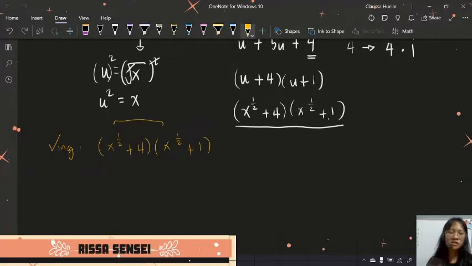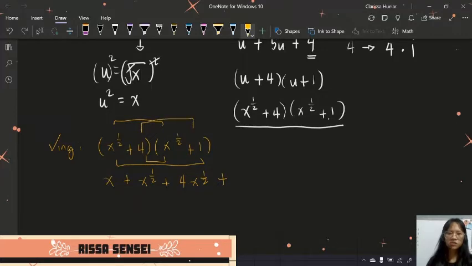Multiply x raised to 1 half times x raised to 1 half. So, that's 1 half plus 1 half. It is equal to 1 whole. So, x na lang yun. Then, x times 1. So, that's x raised to 1 half times 1 is x raised to 1 half. Plus 4. So, this is in inner terms. 4 times x raised to 1 half is 4x raised to 1 half.